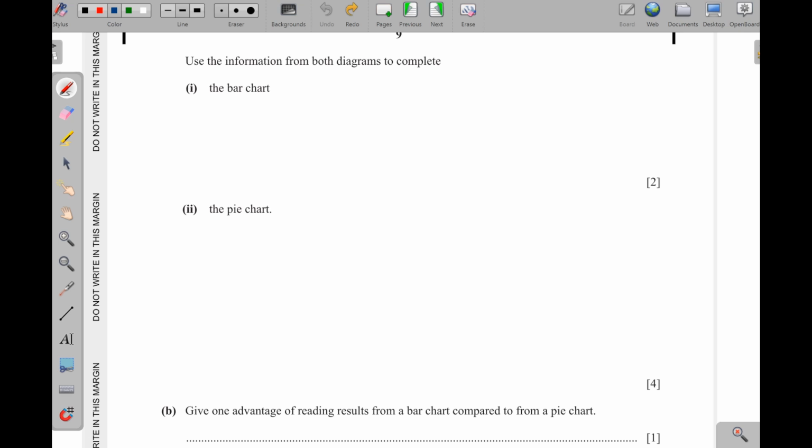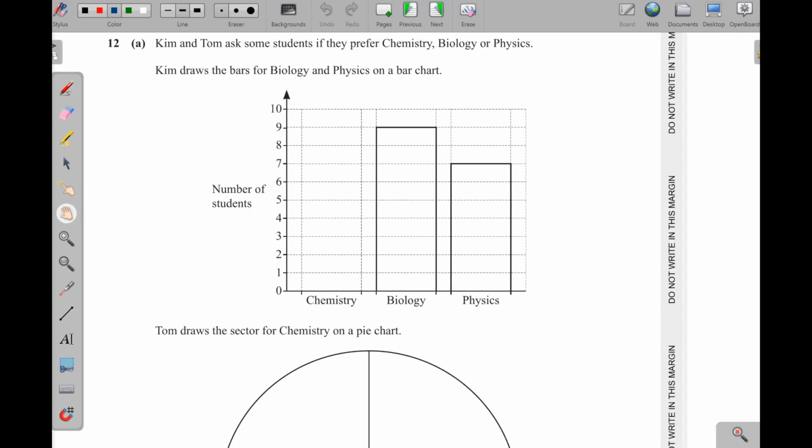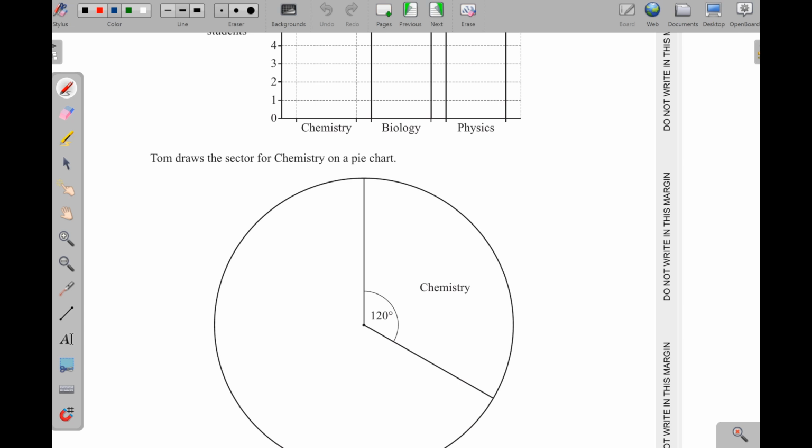Okay, now for the bar chart, I have the number of students doing, we can say doing chemistry, or that prefer chemistry, okay, that are doing chemistry will be equal to, when you check here, this is 120.